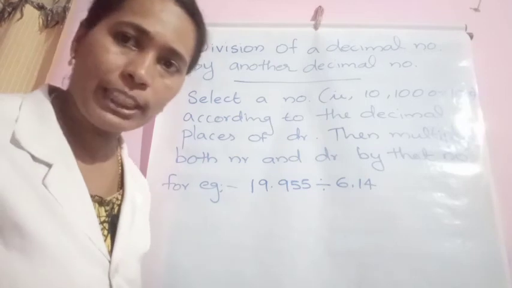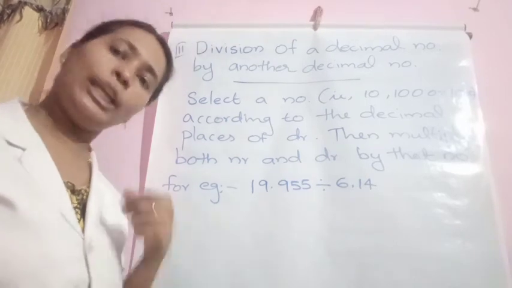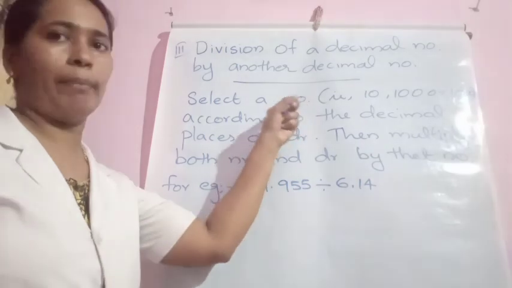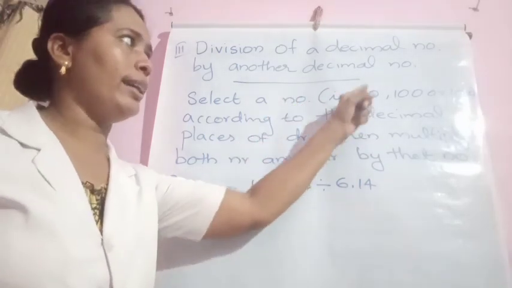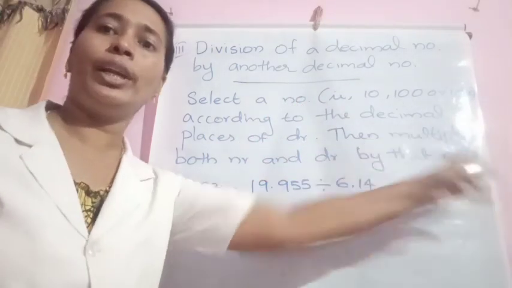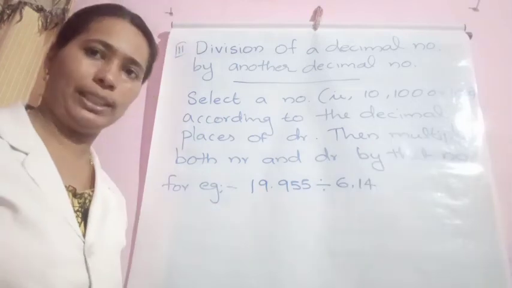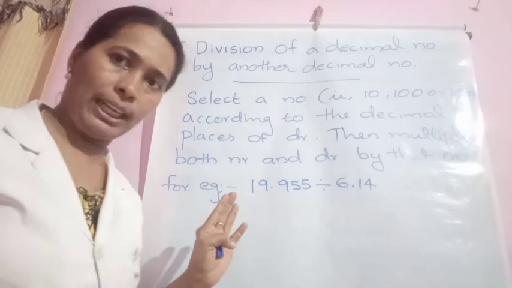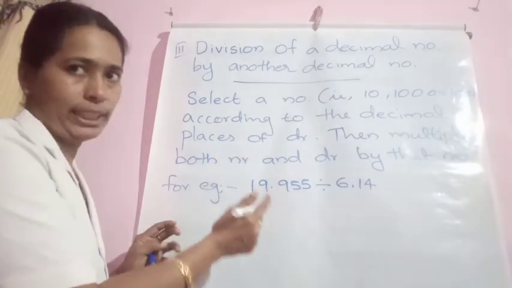According to the number of decimal places, select a number: 10, 100, 1000. Is it clear? Okay.